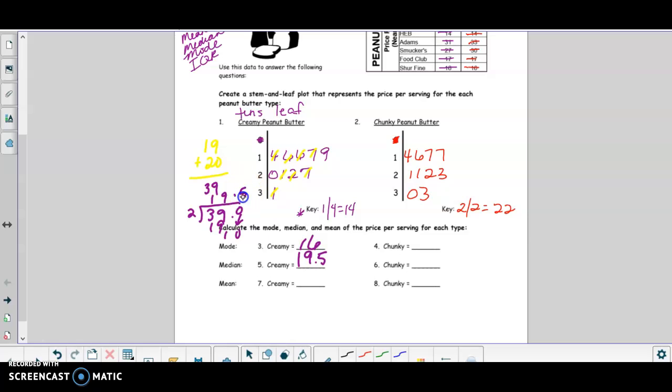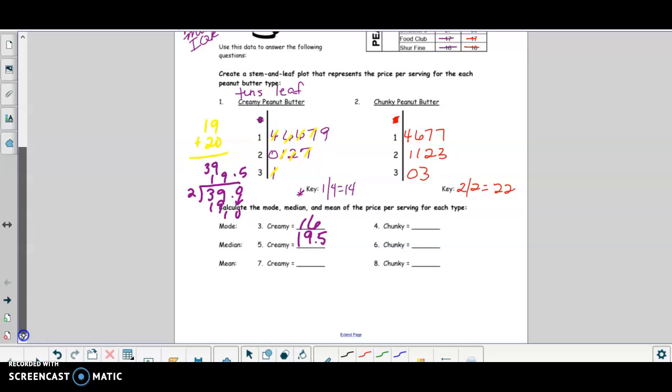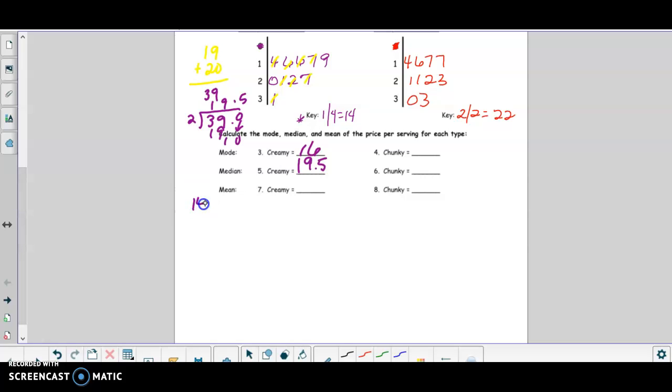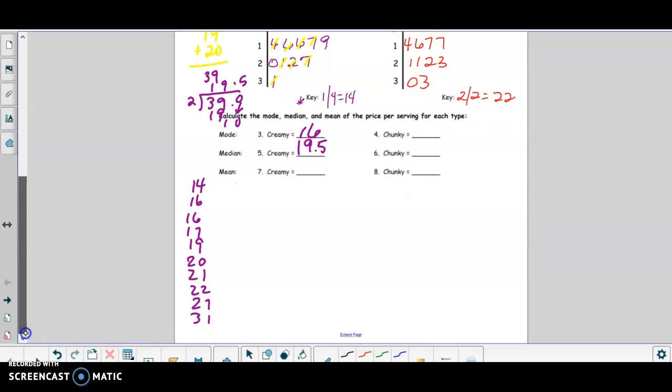Write down my 19.5. The mean, we're going to have a little bit more space because we need to add those up like we did last week. So I can say 14, 16, 16, 17, 19, 20, 21, 22, 27, 31. Or you could add it up in the table. So I've got 10, 16, 17, 18, 19, 20.